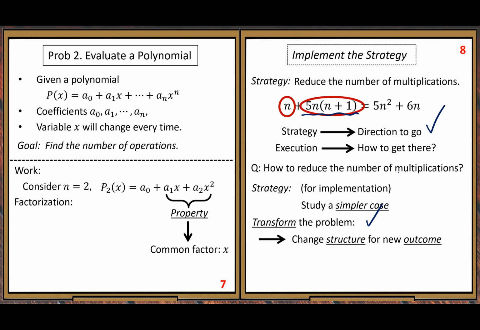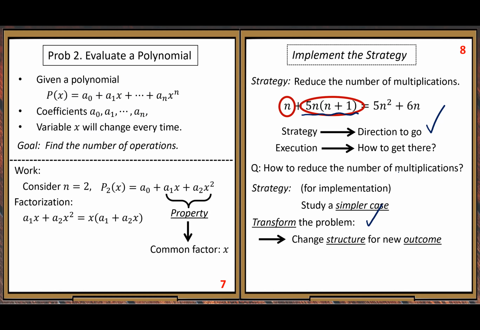The way to change the structure is to do factorization. After we factor that common factor x out, we get the right-hand side: x times the parenthesis, inside the parenthesis a1 plus a2 times x.